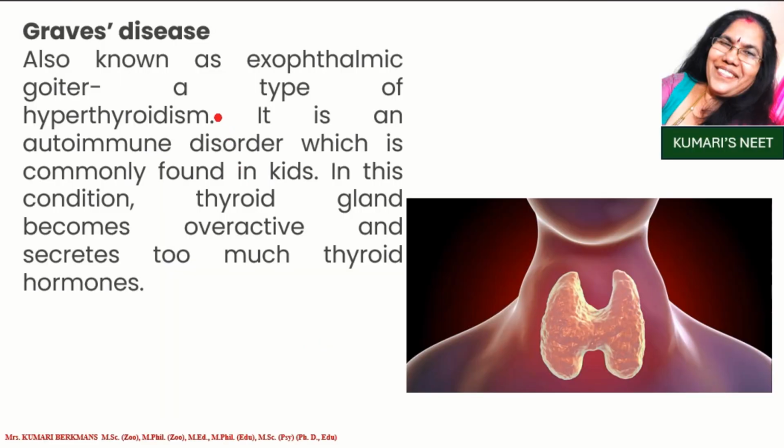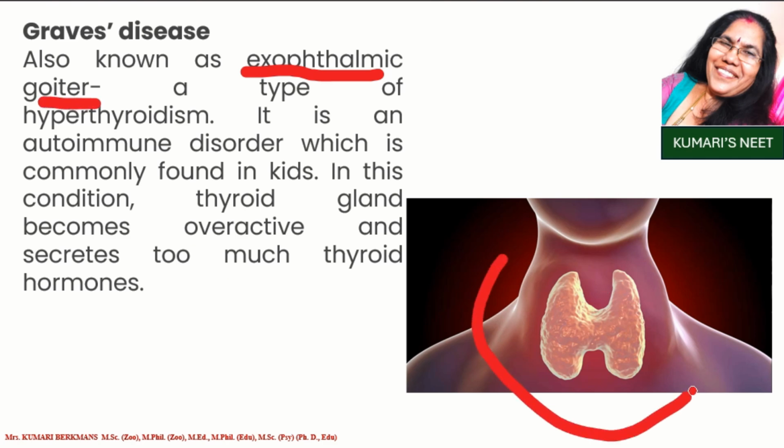And the next disease, what is that? Graves' disease. This is also known as exophthalmic goitre. Exophthalmic goitre means you can see a swelling at the region of the neck. Can you see this one? Swelling at the region of the neck. That is because of the swelling of the gland, as well as the over-secretion or overactivity of the thyroid gland.